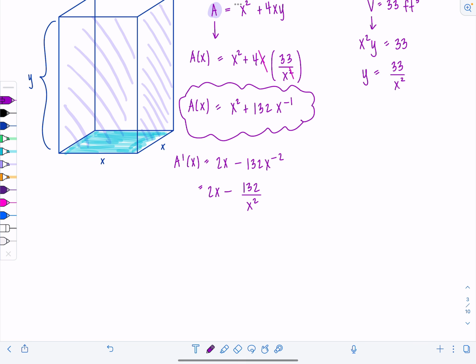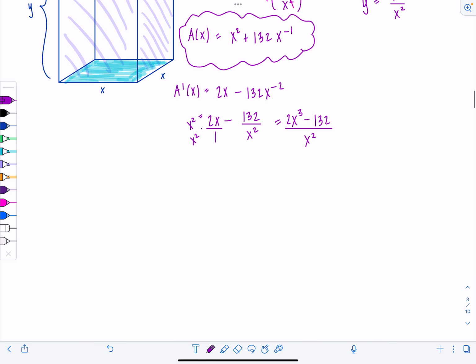That's more important when you're doing graphing problems, but just to keep good habits, let's do it here. So put the x to the negative second in the bottom, and then I'll get a common denominator, which is x squared. So if I multiply this by x squared, now I have 2x cubed minus 132 over x squared.